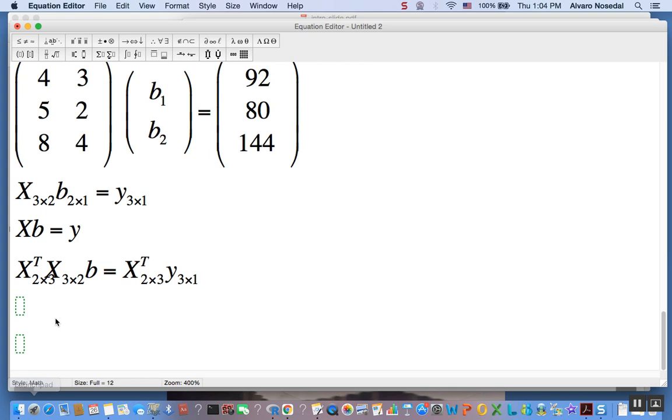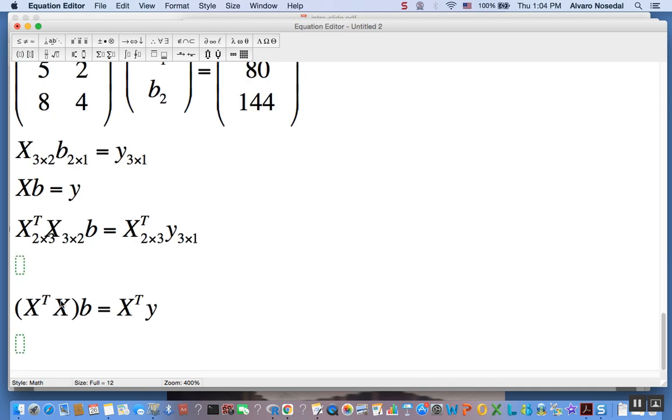So now, think about X transpose X as a single matrix. Let me rewrite it here: X transpose X times b equals X transpose y.